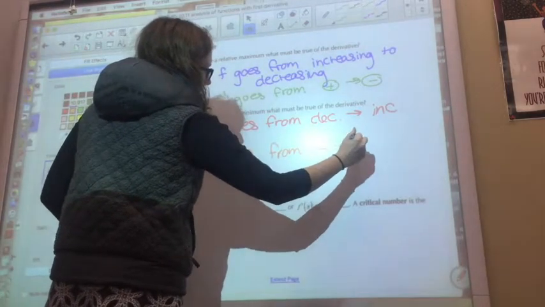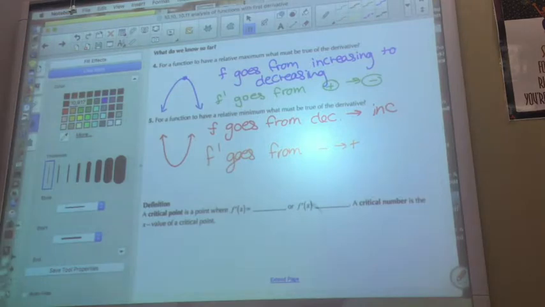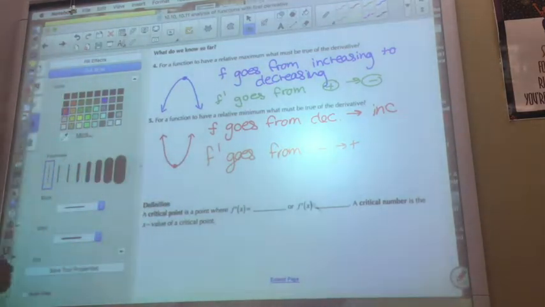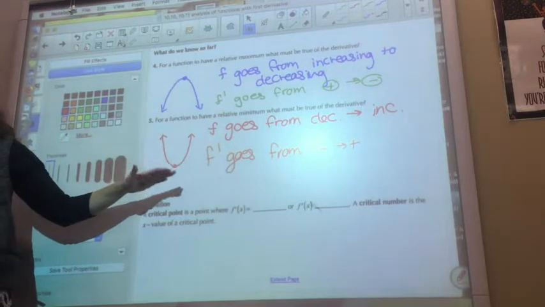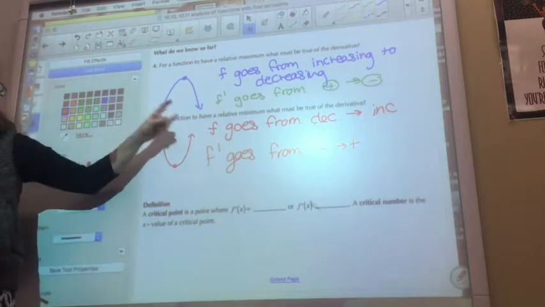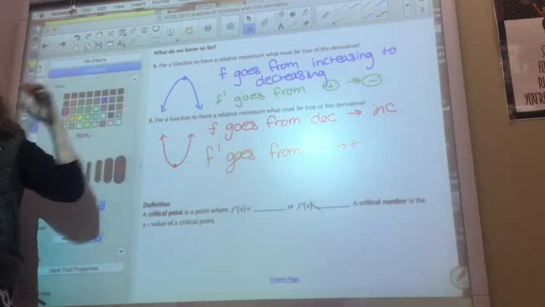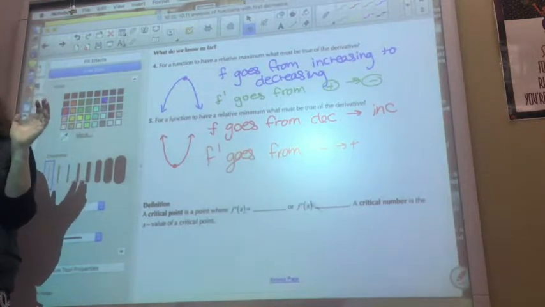Yes, sir. What's the difference between just a maximum and a minimum and a relative maximum and a relative minimum? You know, that's a great question. We'll have a conversation about that in a little bit, actually. So right now, I just want you to focus on relative maximums and minimums. So a relative maximum is the highest point of all the points around it.